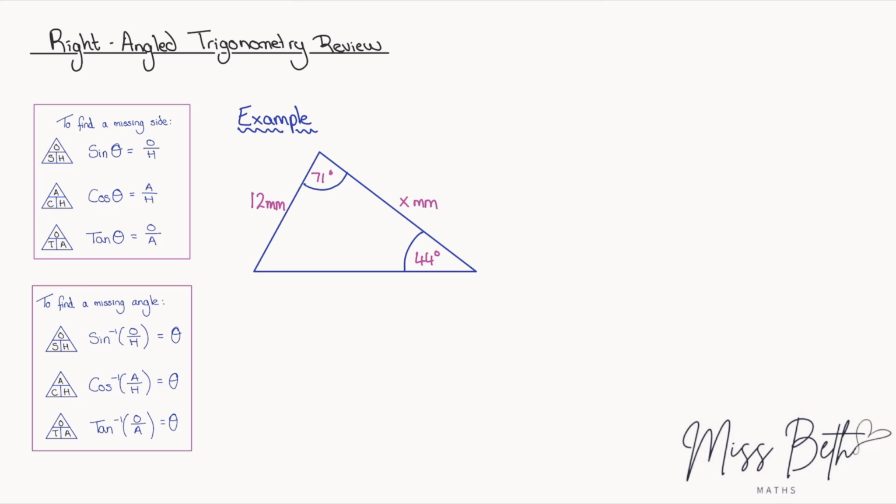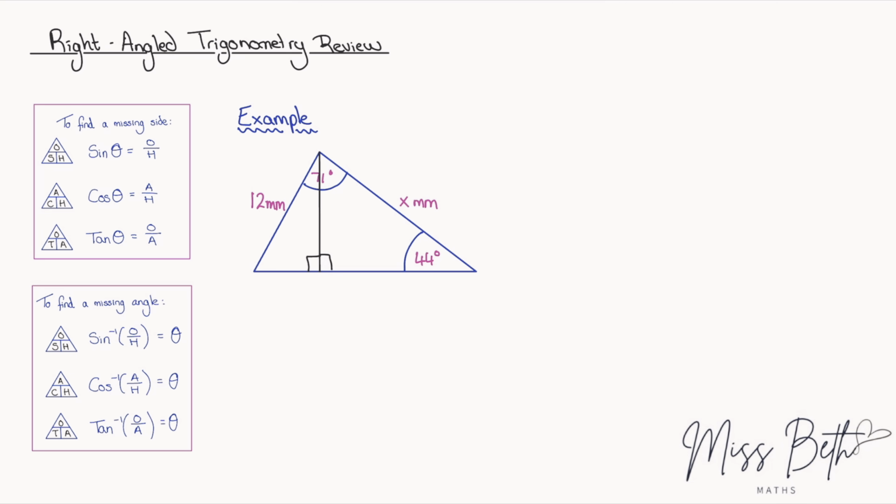But what we can do, which is going to help us, is split this triangle into two to create that right angle. So I'm going to draw a line, my perpendicular height or my vertical height from the base up to the highest point, and I'm going to pop in those two right angles either side of that line, okay?